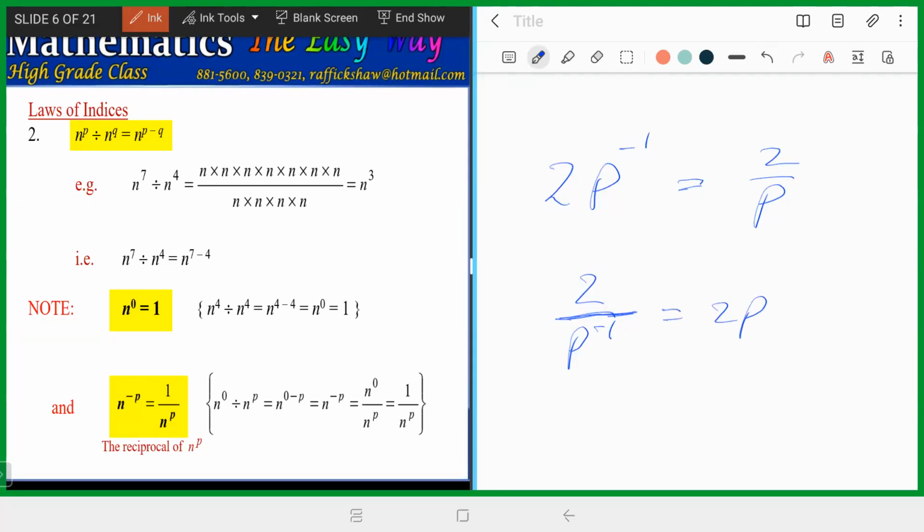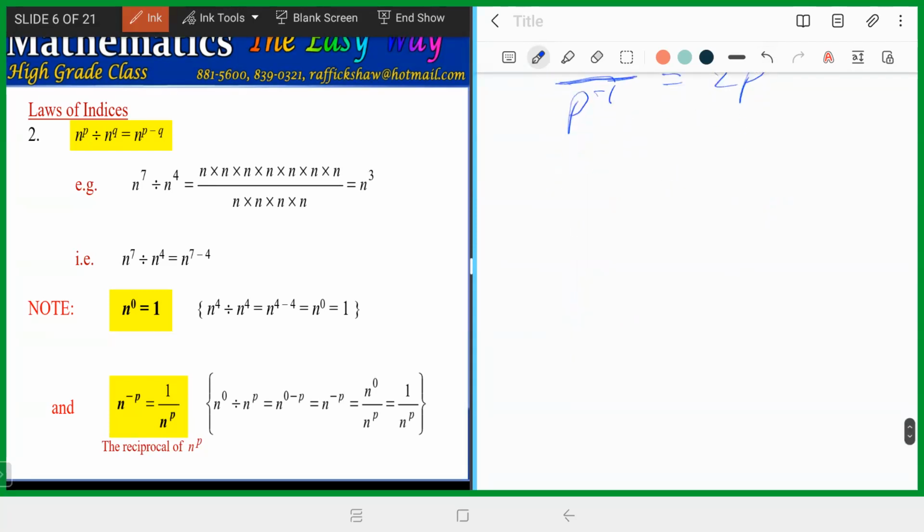Put another way, if I have 2p, I can write 2p as 2 over p to the minus 1. Once you move it, you put on the minus sign.